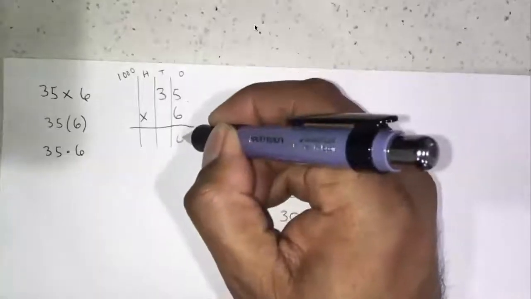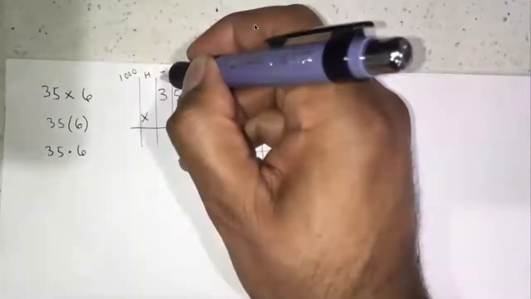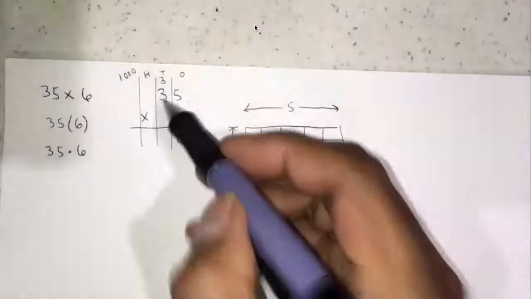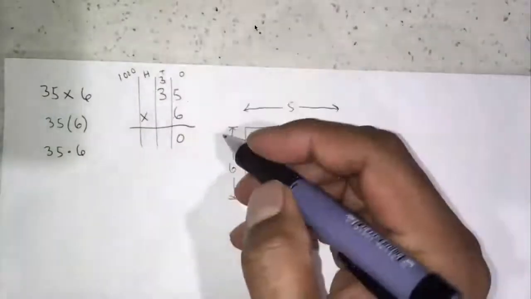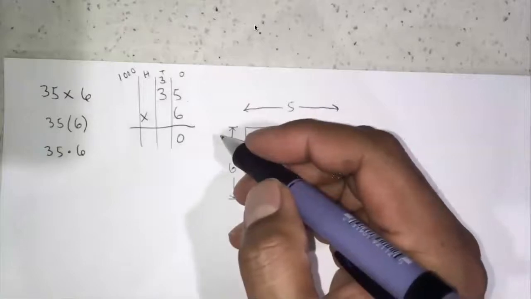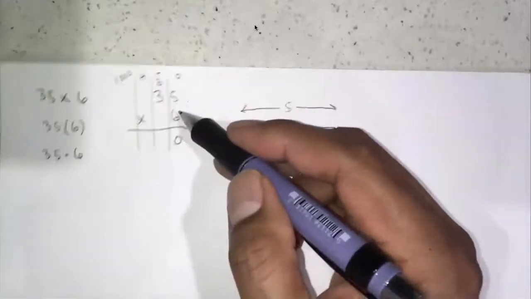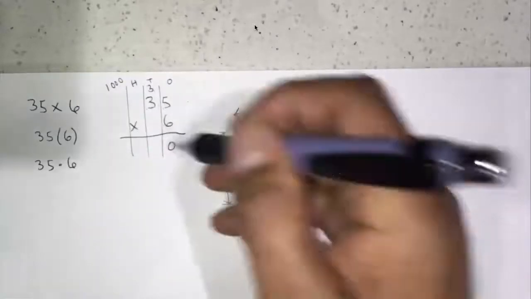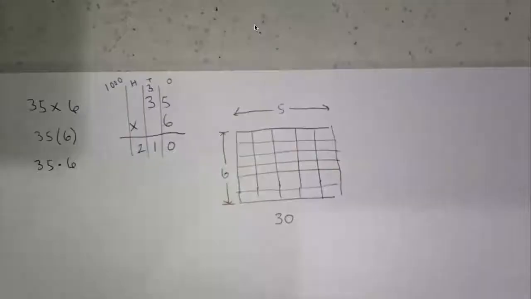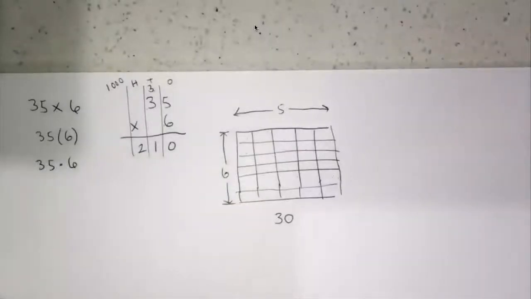So this is the 0, the regrouping. 6 times 3 is 18, plus the regrouping of 3. All right, and there's your answer. Good.